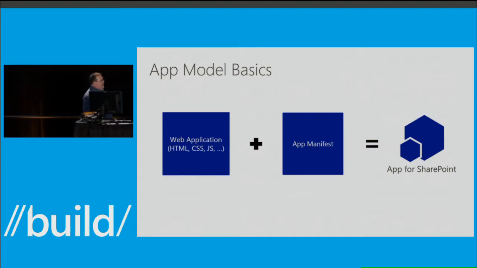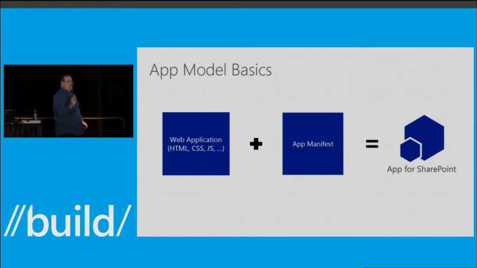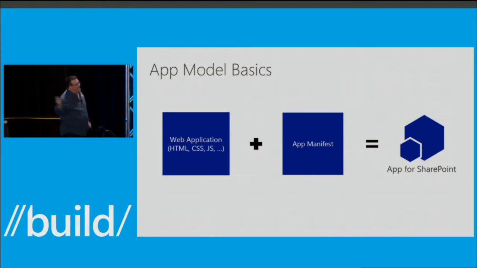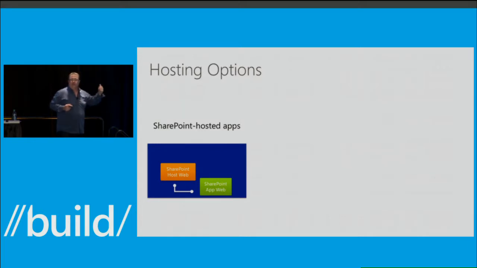Now, what makes that web application maybe a little unique is where you host it. You have a few choices. For hosting options, you can use the SharePoint hosted app. And in this case, when your app is deployed, you deploy your app always to a SharePoint host web.